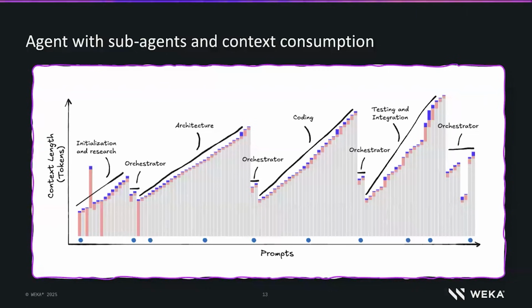The other thing that's interesting, and very common today, is multi-agent. You might have a core agent, which I've shown here as the orchestrator, and then sub-agents that are spun up to do individual tasks.